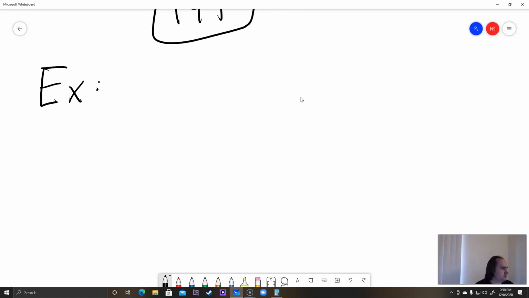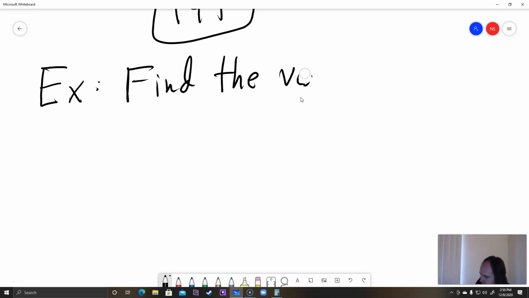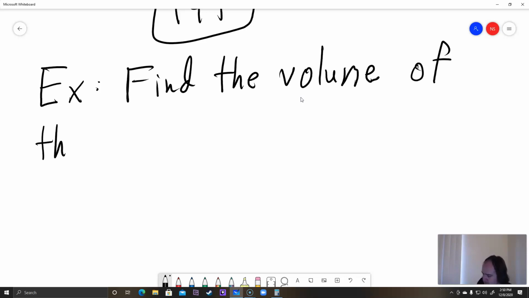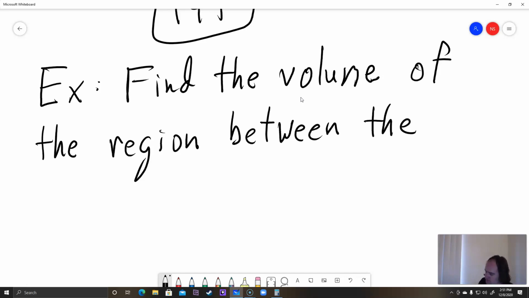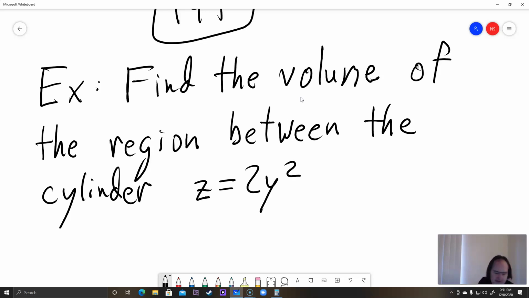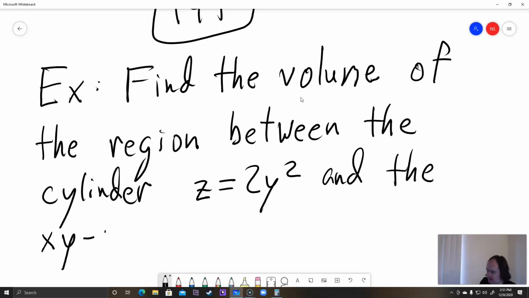Find the volume of the region between the cylinder z equals 2y squared and the xy plane that is bounded.